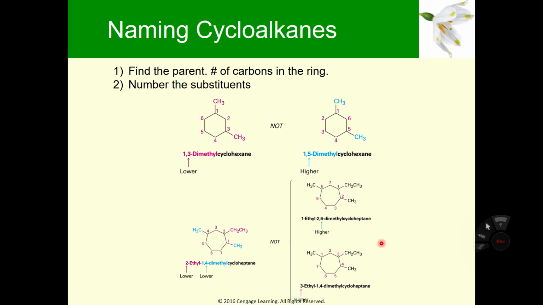Let's try to learn the nomenclature of cyclic compounds, just like the nomenclature of alkanes. The first step for the nomenclature of a cycloalkane is to find the parent carbon in the ring.